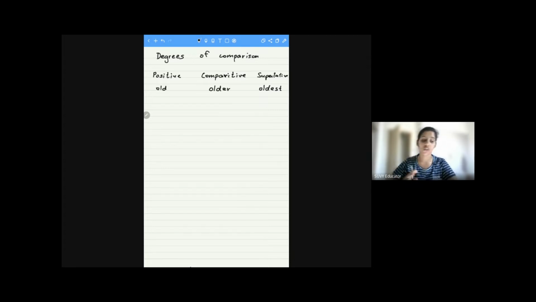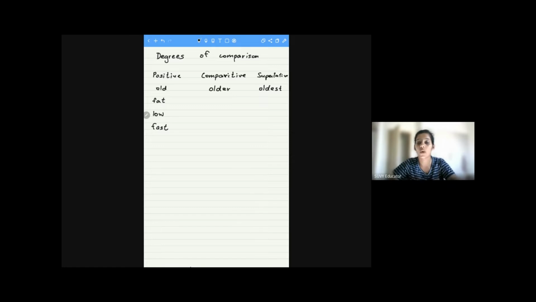Okay. So now there are some rules to do this. We have different words, fat, low, fast.